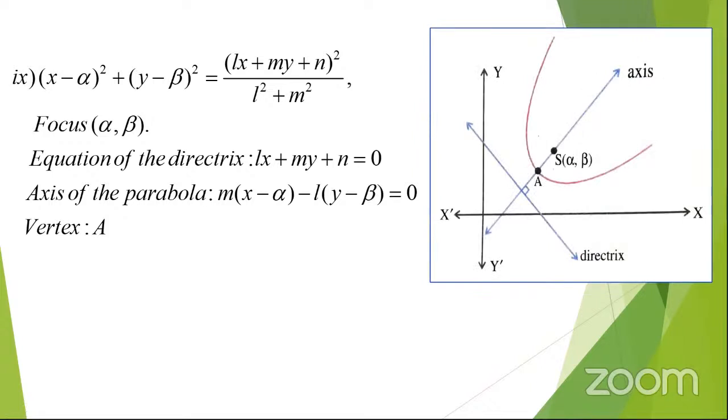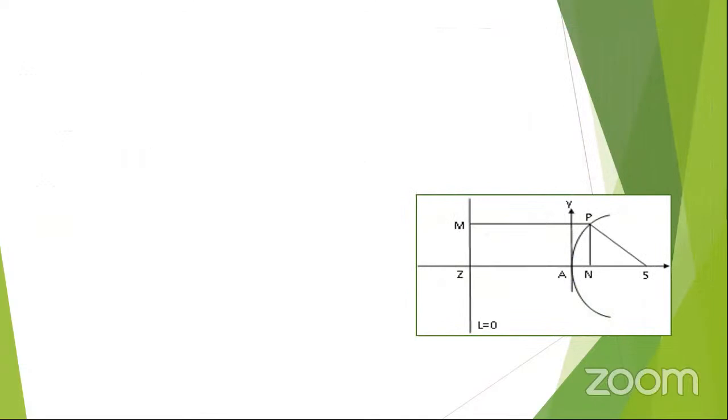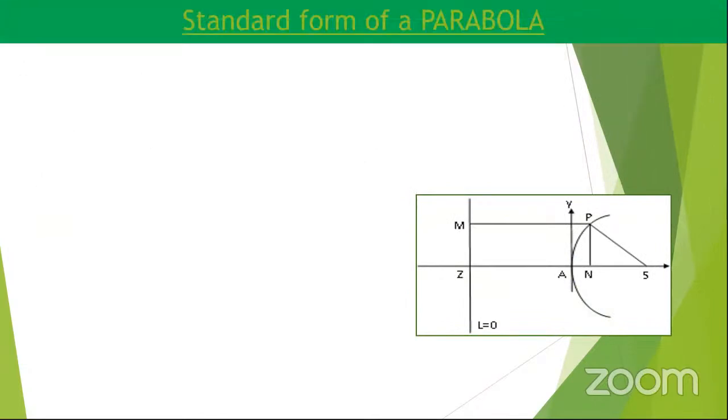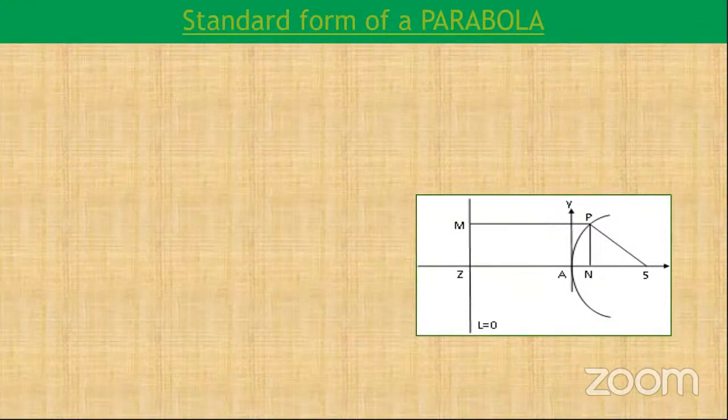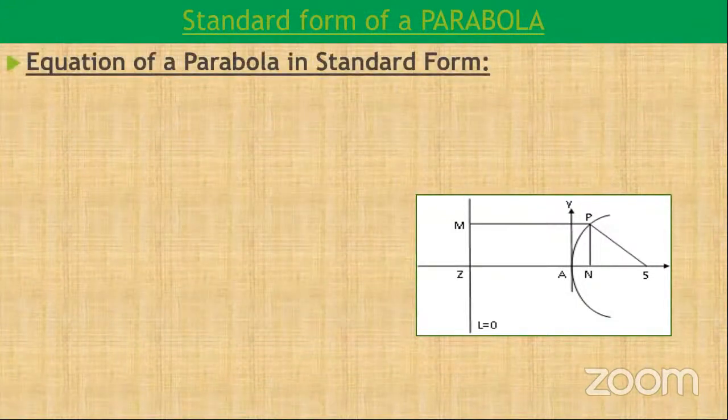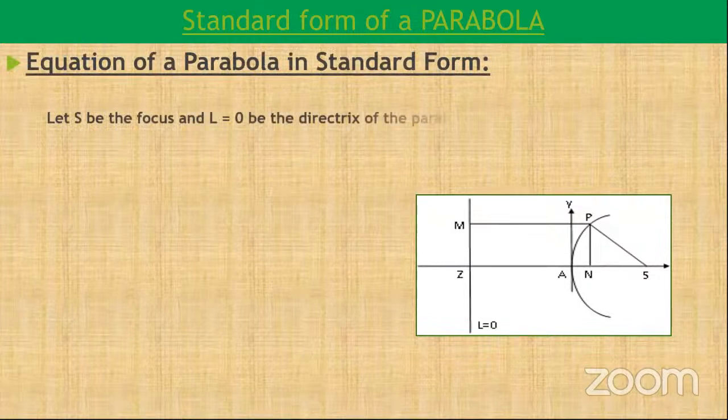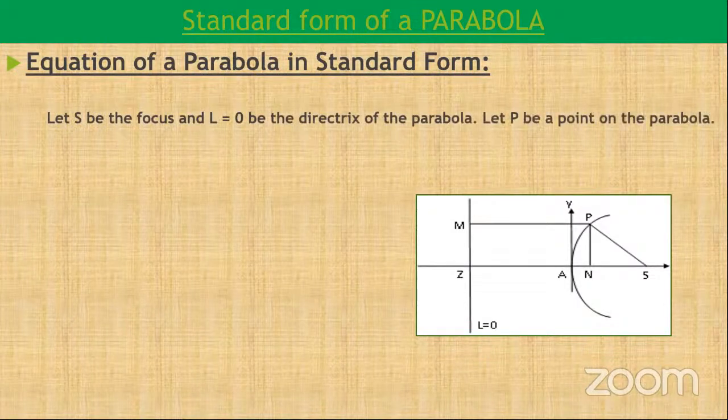Now, we shall derive the equation of a parabola in standard form. Let S be the focus. To derive any conic, we need a fixed point and a fixed straight line, which is clear to all. Let S be the focus and L equal to 0 be the directrix of the parabola.